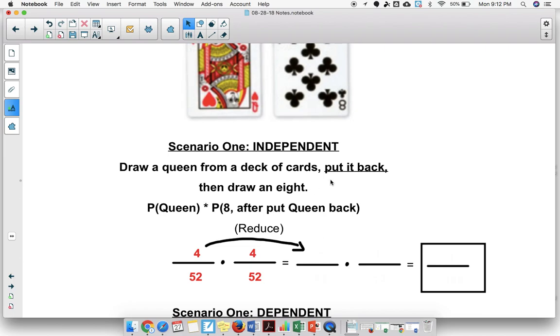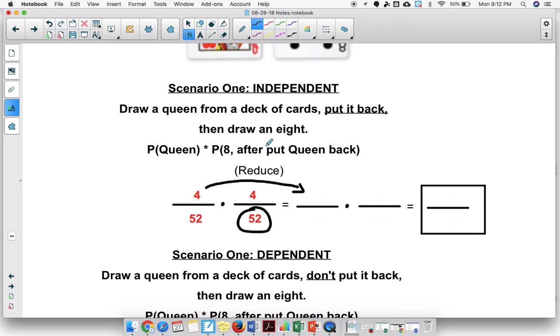And now if you notice, it said we're going to put that card back in the deck. That's why on the next drawing, there are still 52 cards here. Sometimes if we don't put the card back, that'll go down to 51. So they want to know how many 8s there are, the probability of drawing an 8 after we put the queen back. There are still 4 8s out of the 52 cards.